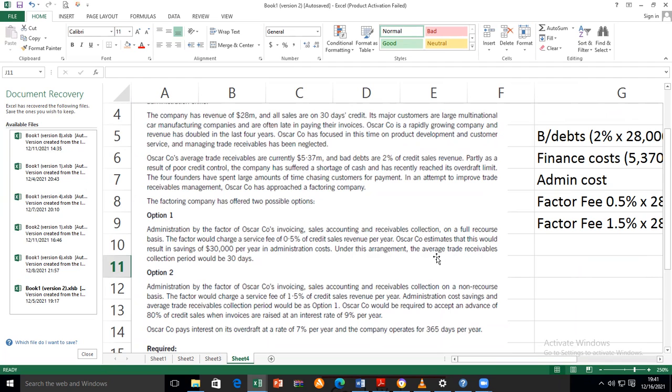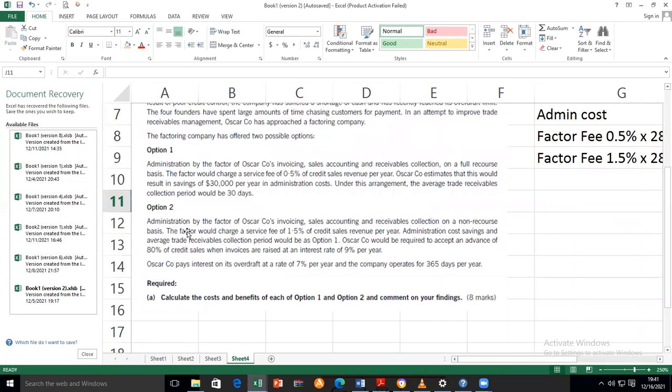Under this arrangement, the average trade receivables collection will be 30 days. Okay. Admin by the factor. Okay, the factor charges 1.5. Admin cost savings and average trade receivable collection period will be as for 1.